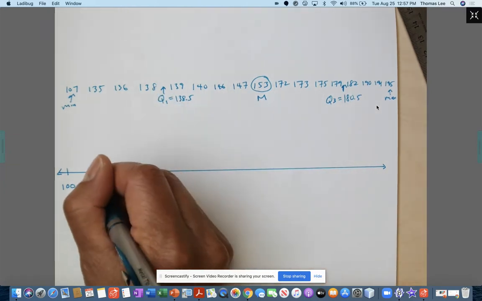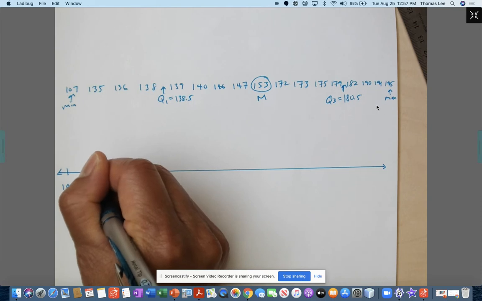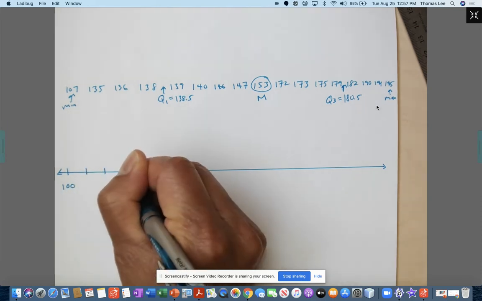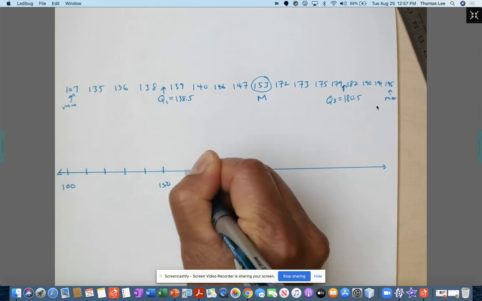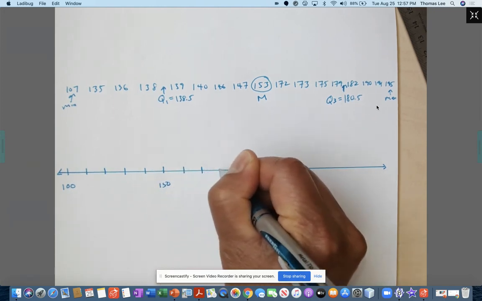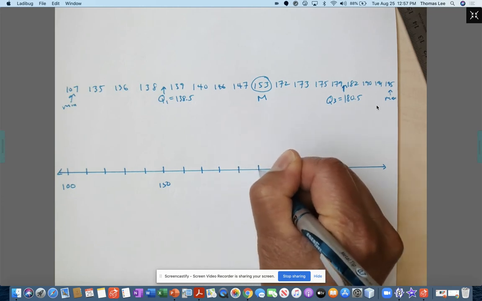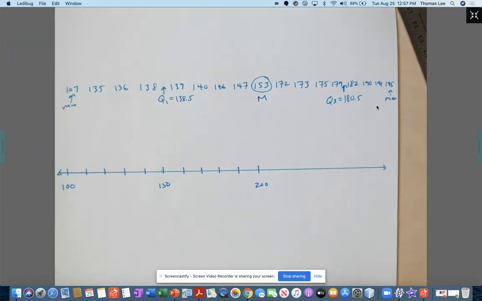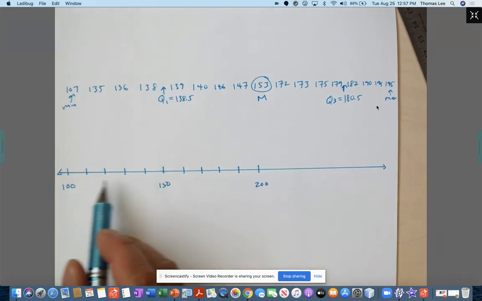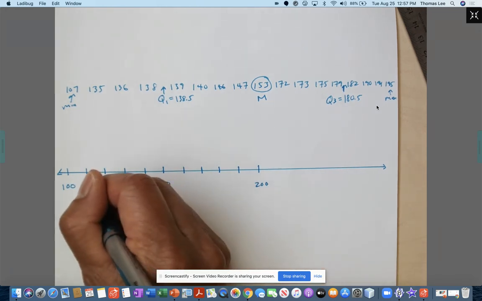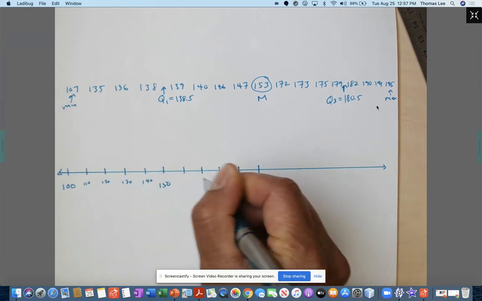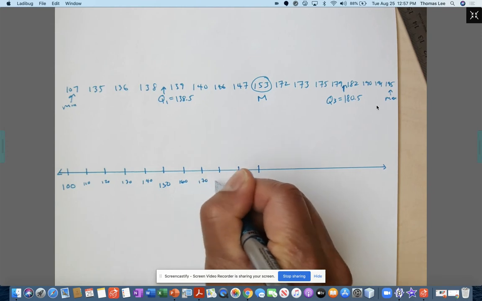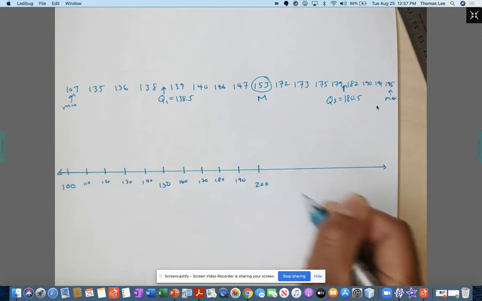So I'm going to go by tens. Okay, and so these units represent tens. So 110, 120, 130, 140, 160, 170, 180, 190.